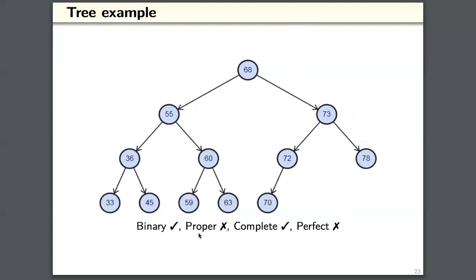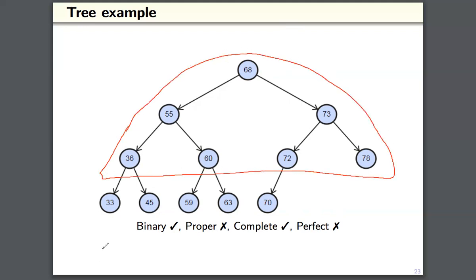Next, what about this? Is this a complete tree? This is a complete tree, right? Look at this. The last but one level is completely filled, and in the last level, the nodes are from left to right.